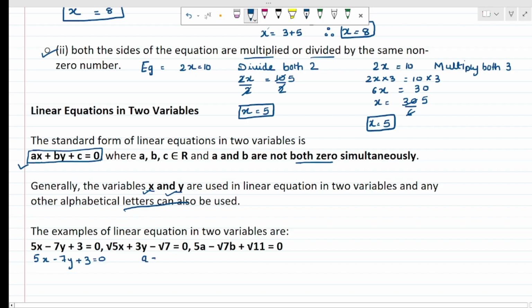So, in my case, my A is 5, my B is not 7, it will be minus 7. And for C, it will be positive 3. Always make sure you take the sign with the variables and constant terms, whatever the number is; you have to take the sign accordingly.